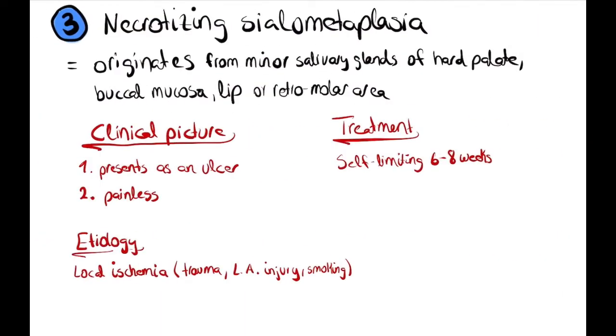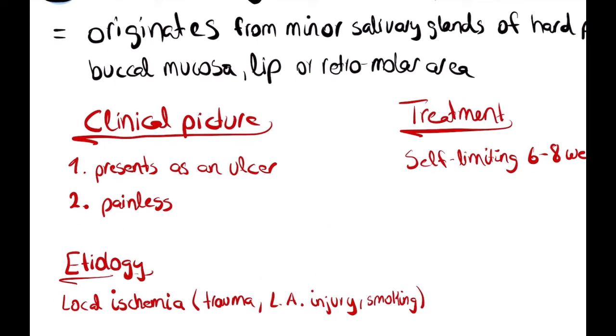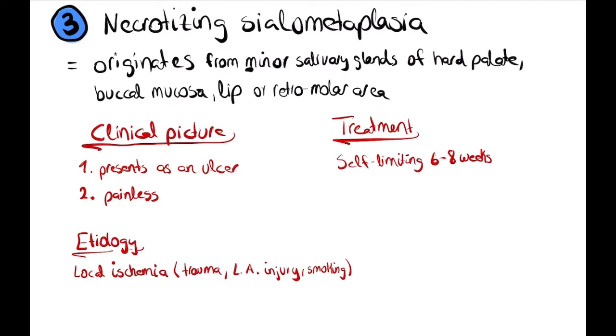Now we have the third type of inflammatory condition: necrotizing sialometaplasia. What is necrotizing sialometaplasia? It originates from minor salivary glands. Where did you hear the words minor salivary glands?